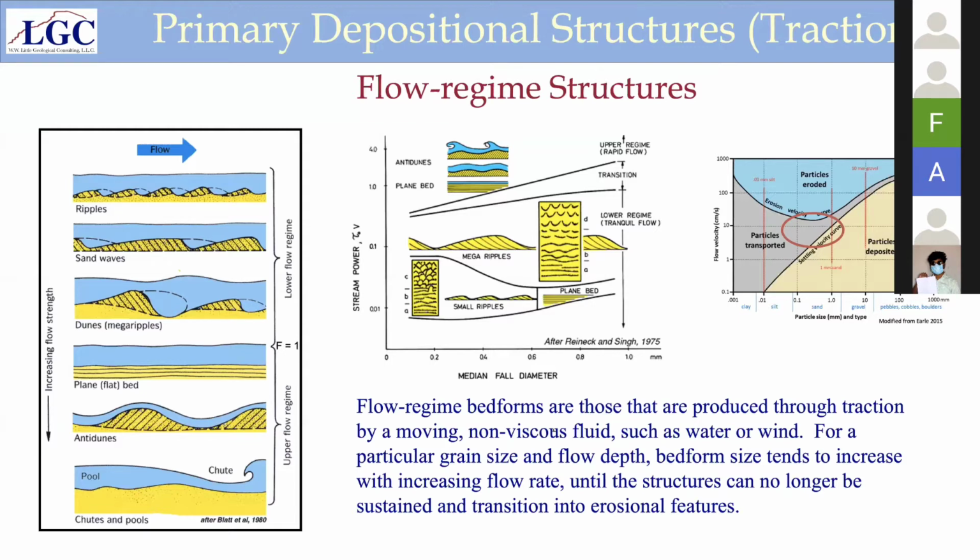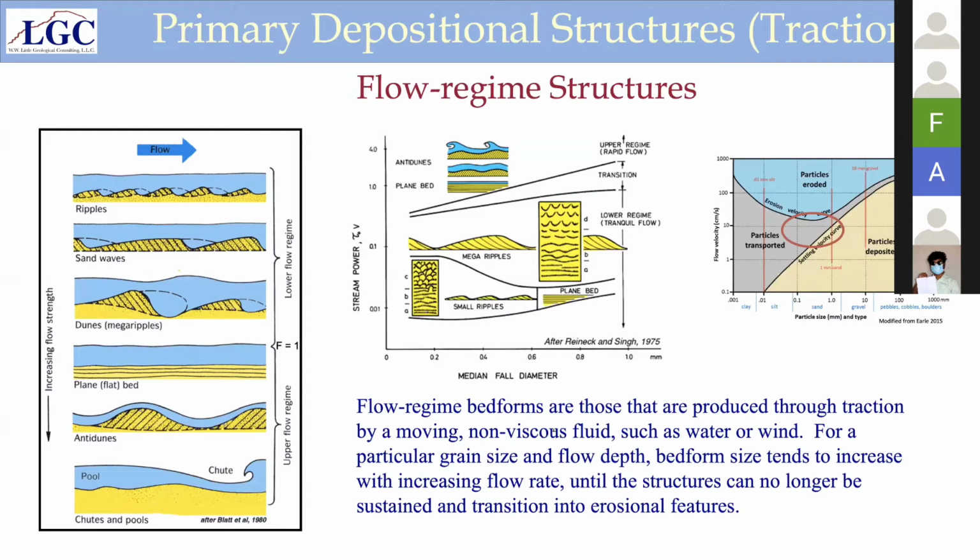And ripples are fairly small features, but as the flow velocity increases, the ripples tend to become fewer in number but larger in size. However, looking back at the Hjulstrom diagram, there is a flow velocity at which the particles can no longer accumulate and they begin to erode.